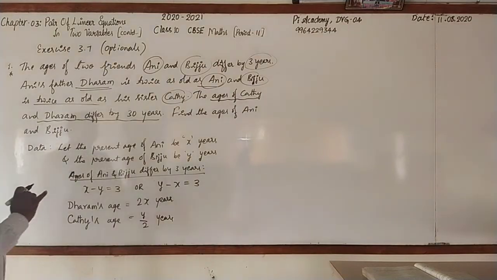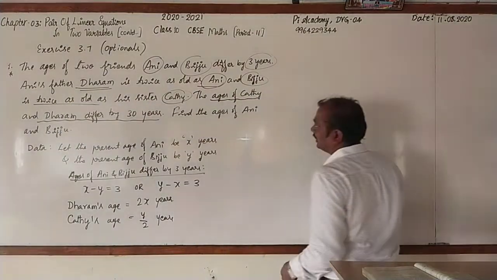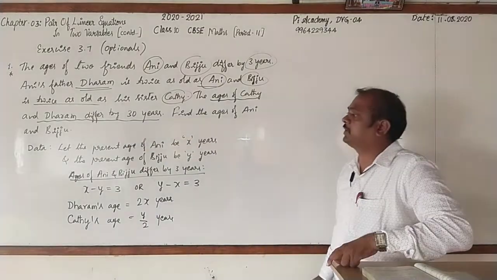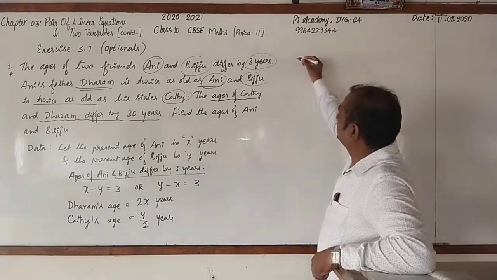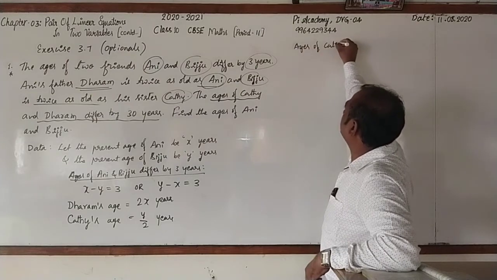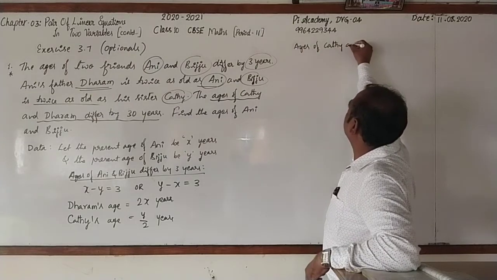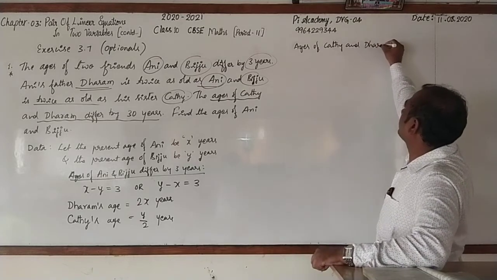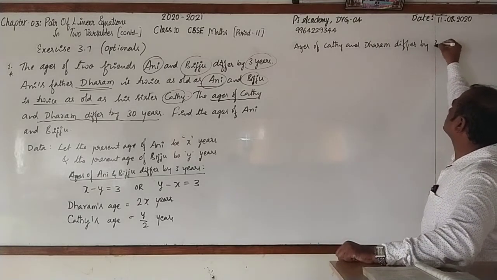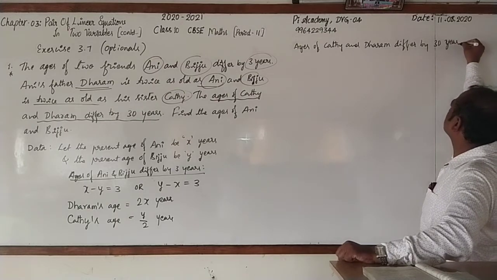Clear? Yes. Now, we have one more statement. What is that? The ages of Kathy and Dharam differ by 30 years. Here I will write ages of Kathy and Dharam differ by how much? 30 years.